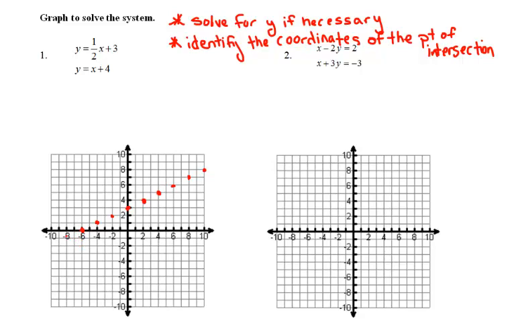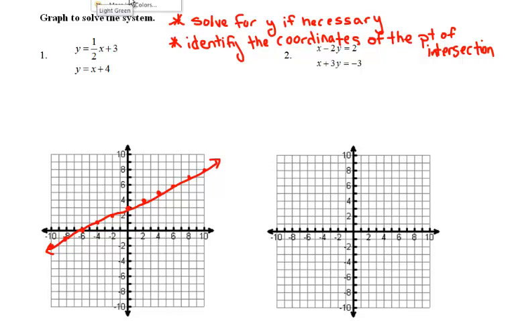The more points that I can get, the better. Okay, so I'm going to connect these all the way across with a straight line.